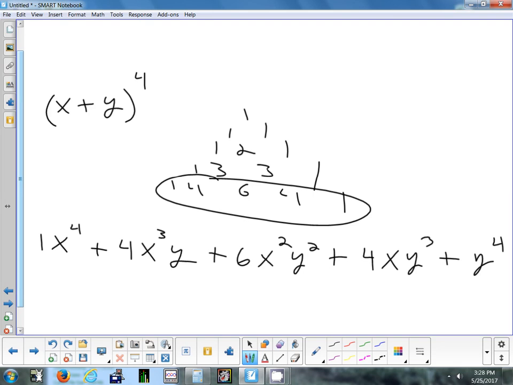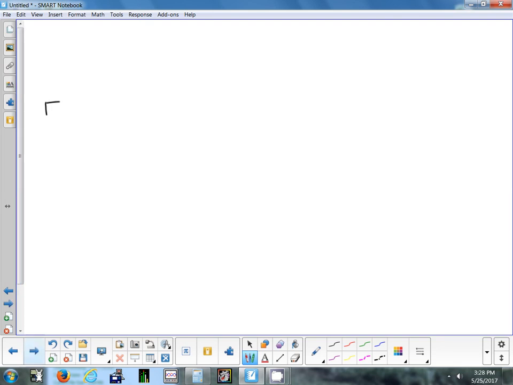Let's see. Next thing we looked at was this kind of notation. So I'm going to evaluate it. Eight choose 5. Do you remember what we usually call the top number, what letter that is?